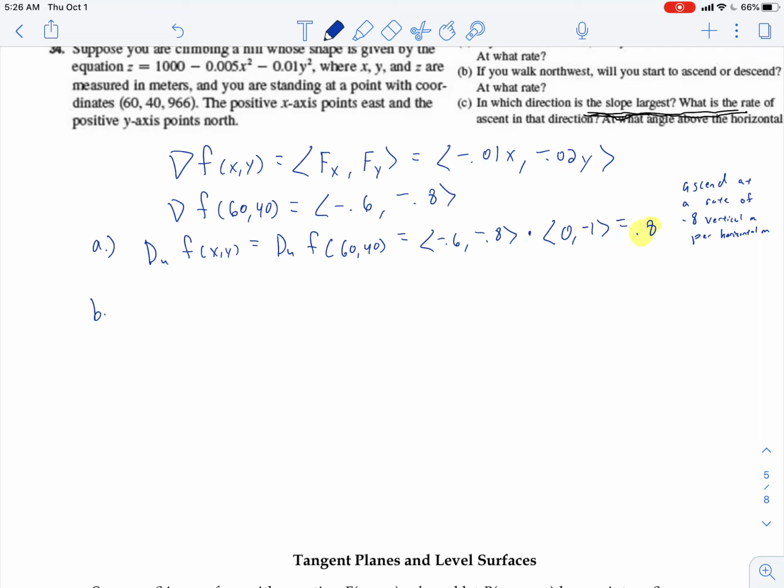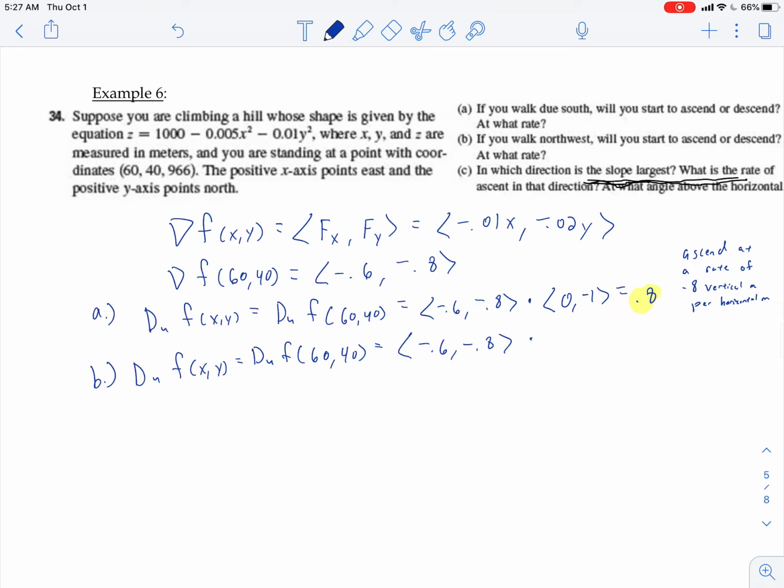Alright, now let's do B. Again, we're going to do the directional derivative of our function with respect to our x value of 60, y value of 40. And we're again going to have our directional derivative as a dot product of our gradient f times, in this case, we are walking northwest.